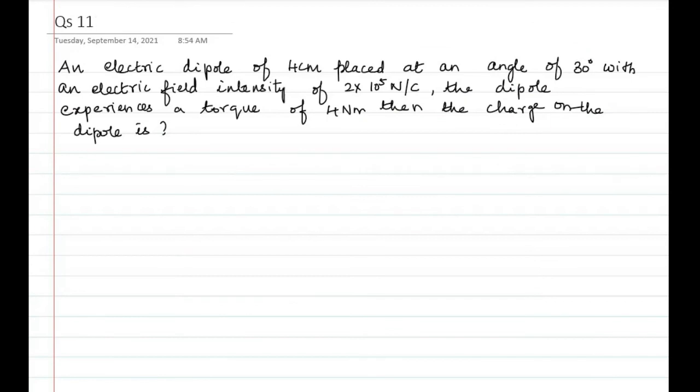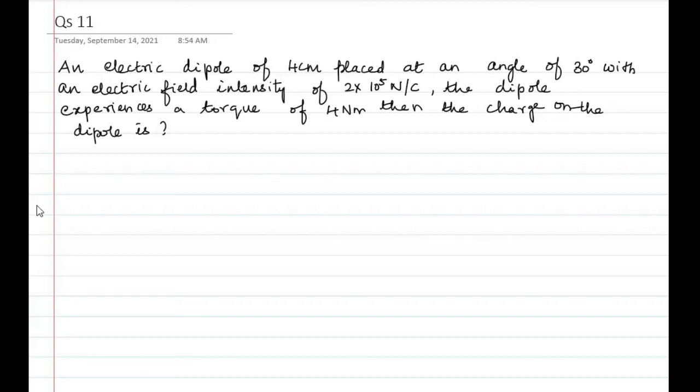So next is: an electric dipole of 4 cm placed at an angle of 30 degrees with an electric field intensity of 2 into 10 to the power of 5 Newton per coulomb. The dipole experiences a torque of 4 Newton meter. Then what is the charge on the dipole?